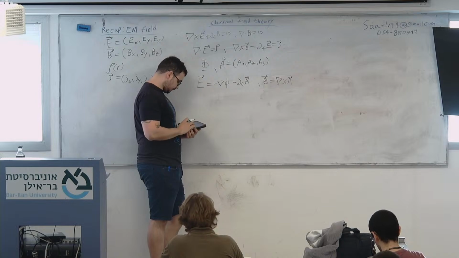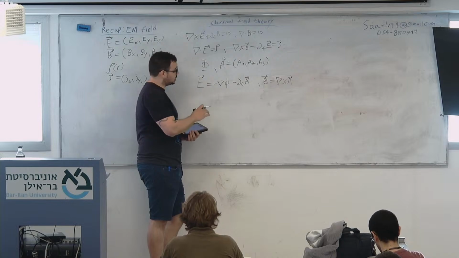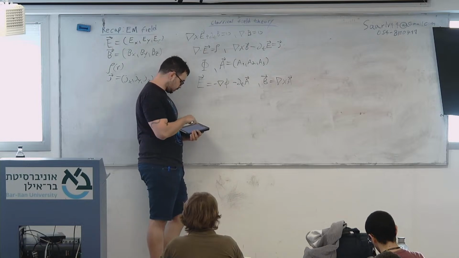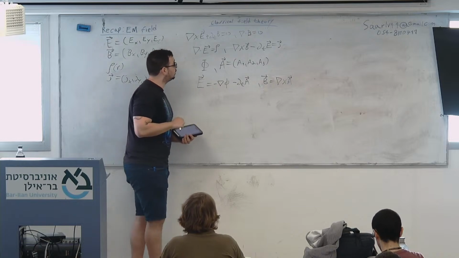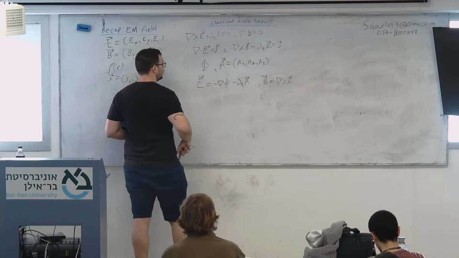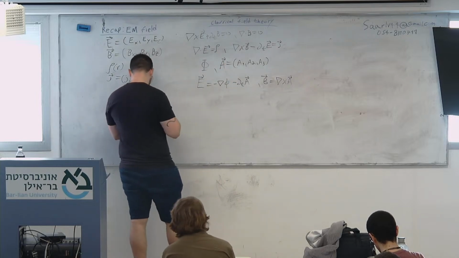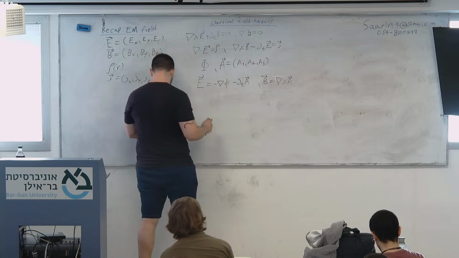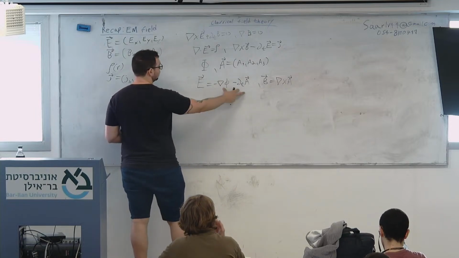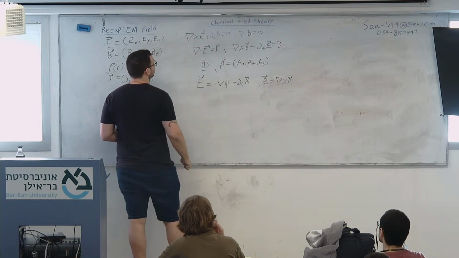All right. Those two equations, let's just show for a second that they match the two homogeneous Maxwell equations. Let's start with the electric field. Try to match the top one.